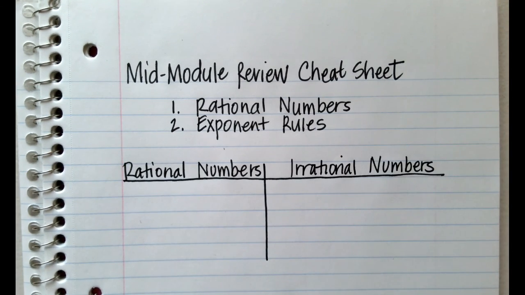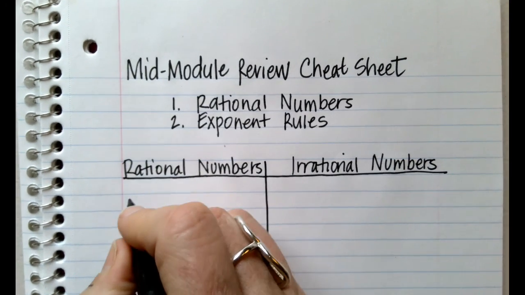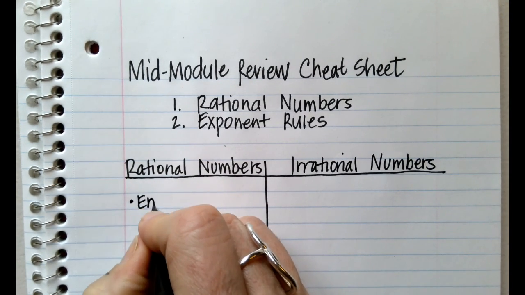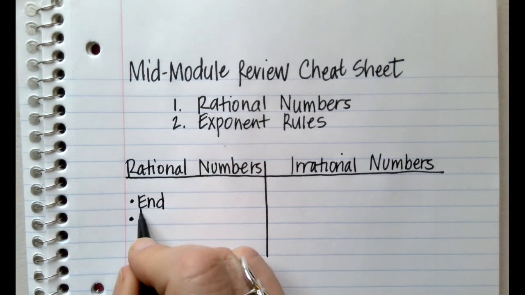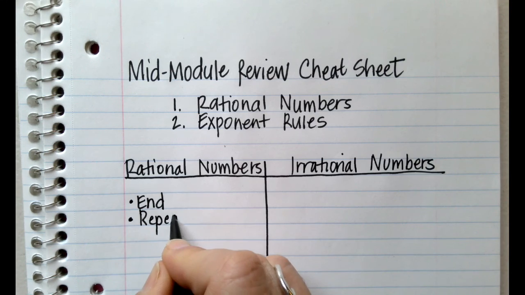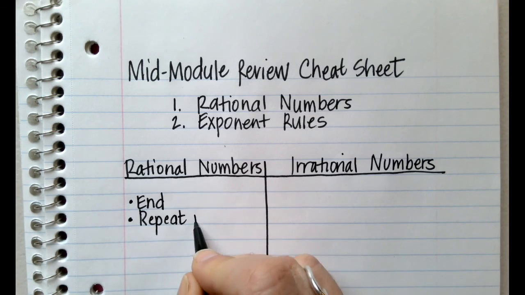So rational numbers are numbers that end. They might repeat indefinitely.